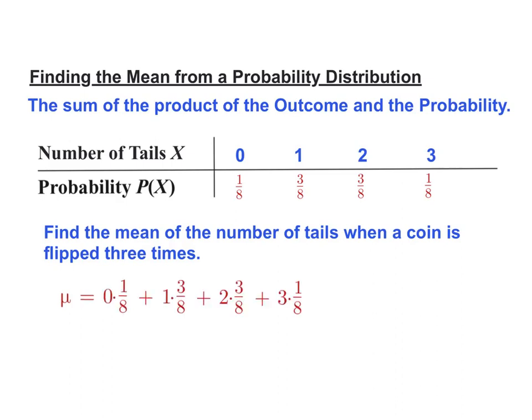Multiply those all together and add them up. And we want a decimal. Okay, we're going to use decimals when we go through these. So at first, I'm going to do it with fractions. They're all eighths. So 12 over 8 converts to 1.5. Okay. So that's the mean.